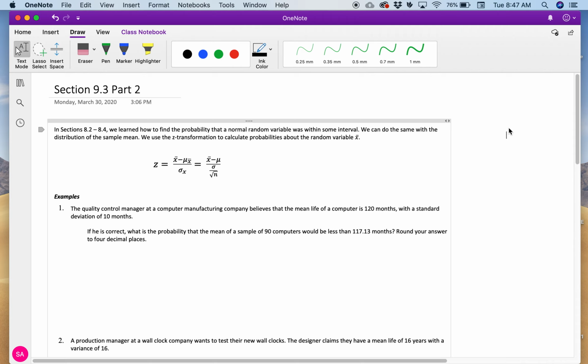We're going to be doing the same exact thing. We're just now going to be applying this to the sampling distribution of the sample mean.